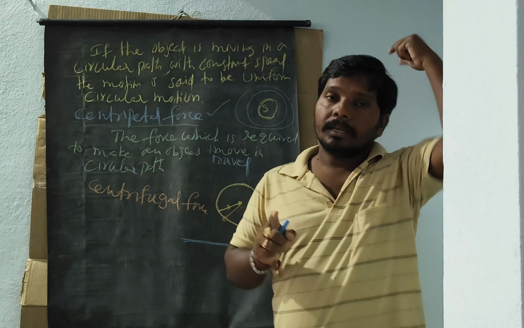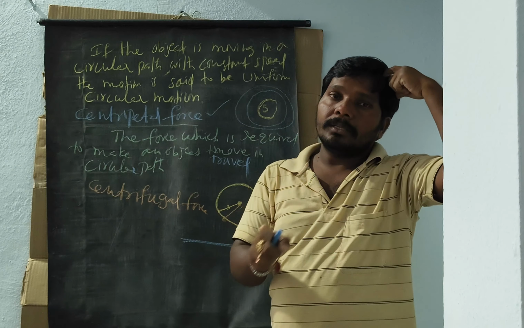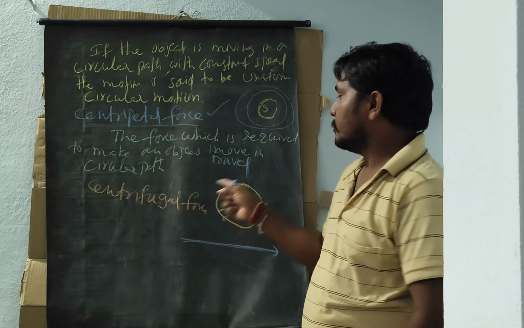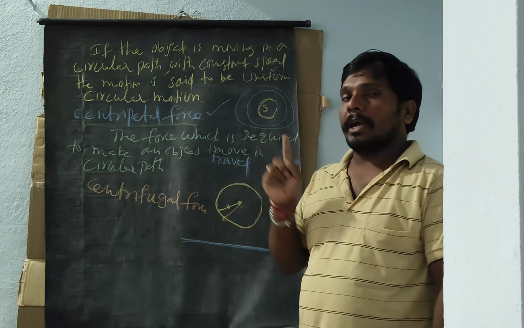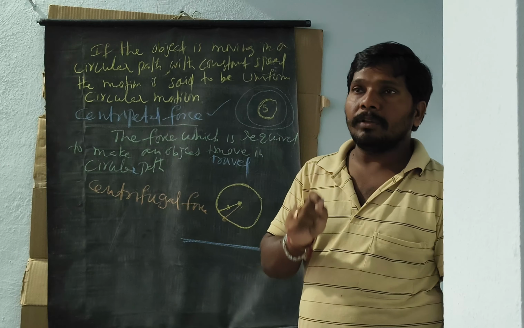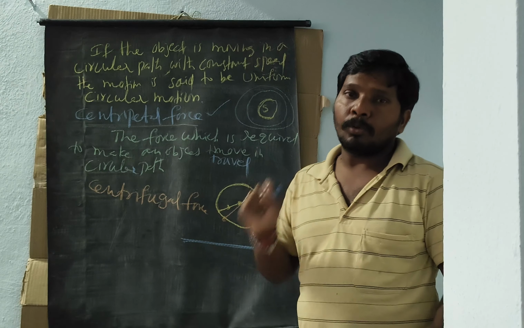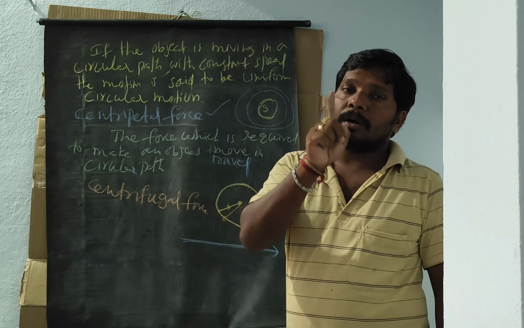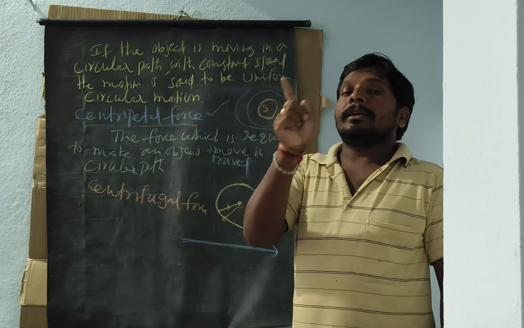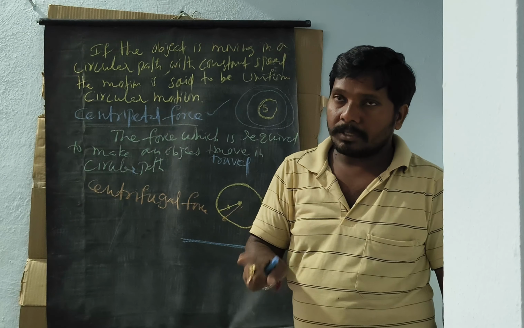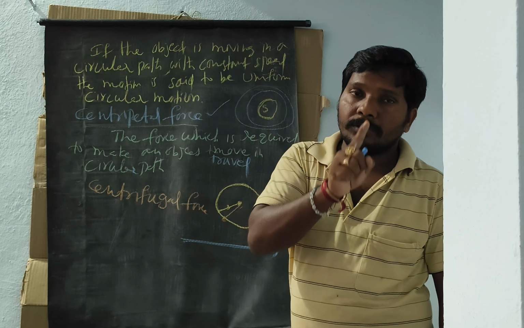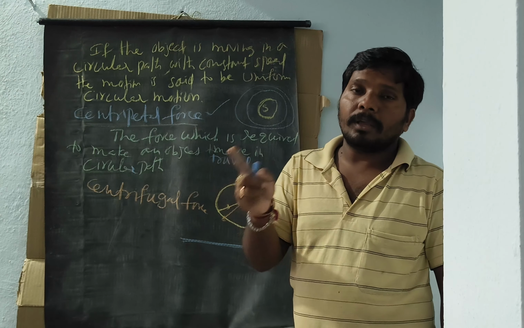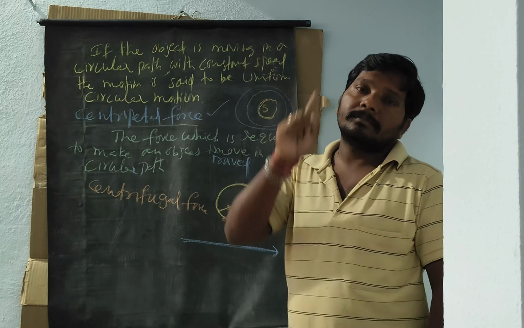That means if the speed of the body is constant, with no change in the speed, and the body is moving in a circular path, such kind of motion is called uniform circular motion. In uniform circular motion, the speed of the body is constant, the direction of the body changes continuously, so the velocity also changes continuously. When the velocity changes, we can say that it is accelerated.